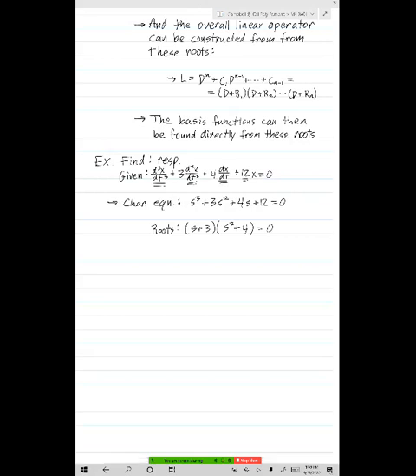So we now know that we get an exponential component to the response as a result of having that first order root. And so we can have a C1 e to the negative 3t.